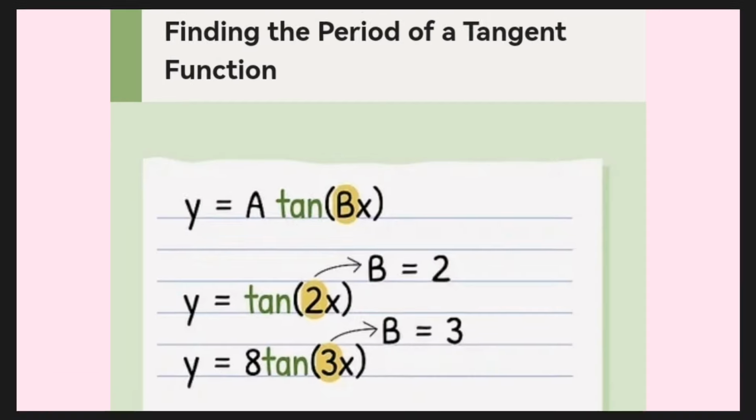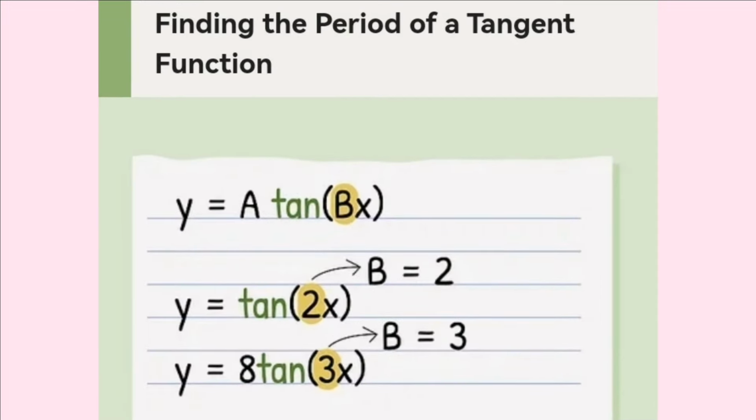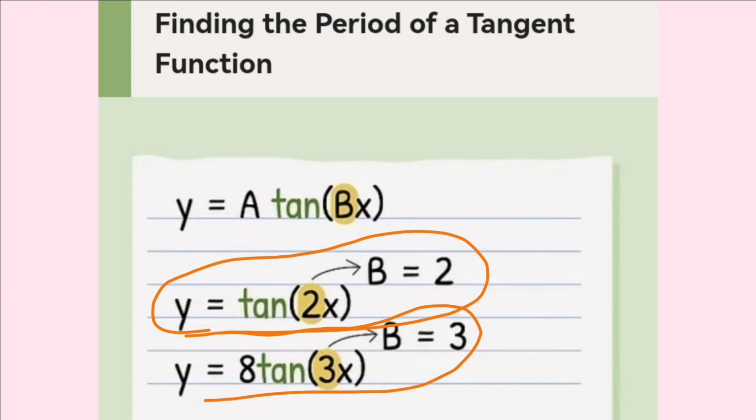Find the period of a tangent function. The general form of tangent is y = a tan(bx). So here in this function, the value of b is 2. In this function, the value of b is 3. So for this, the period will be pi divided by 2.